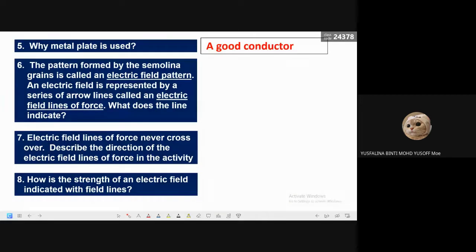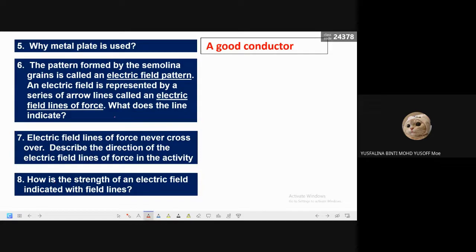Then you can have a pattern, and you can form an electric field. If you use plastic, the electric charge cannot flow through it, so you cannot get the electric field. That's why we use metal, because metal is a good conductor, which means the current can flow through it.